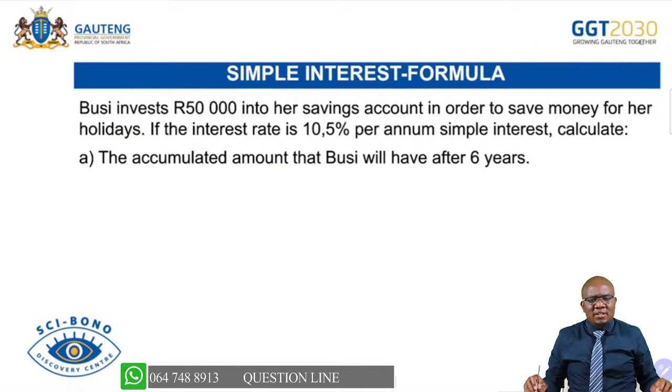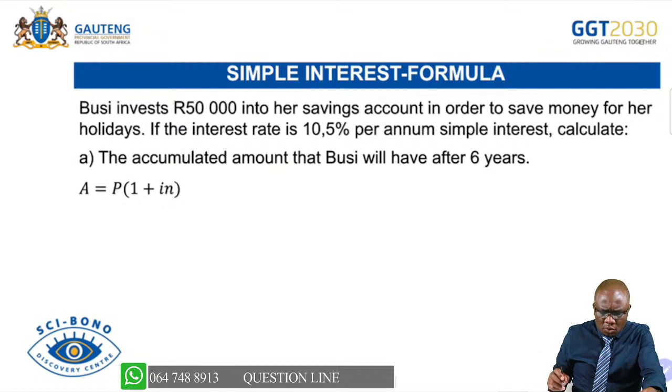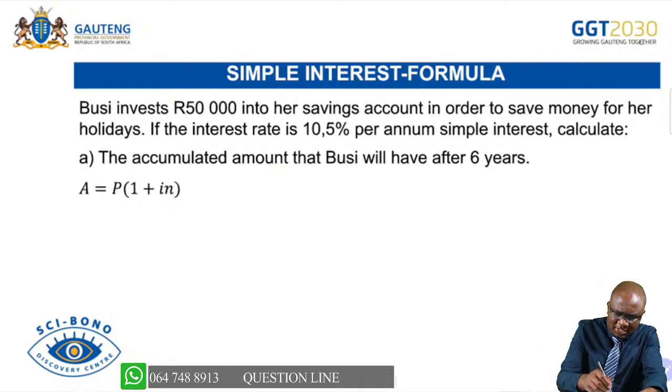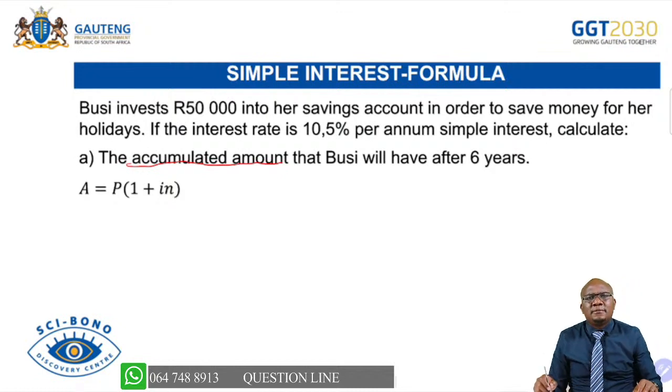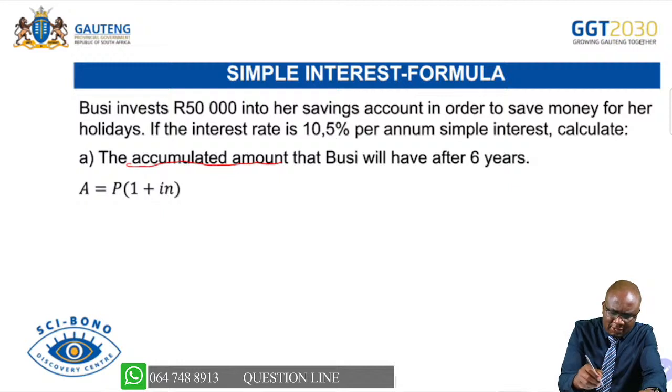What is this? This is simple interest. I write down the formula. Write down the formula. This is simple interest. Okay? Then let's look at the things. What are we looking for? The accumulated amount. So we're looking for A. Okay? Wusi invest 50,000.